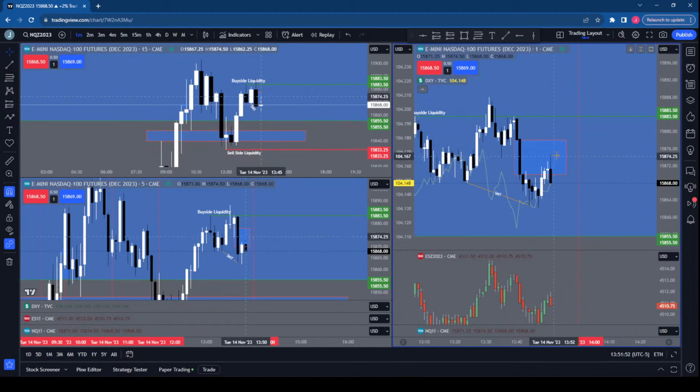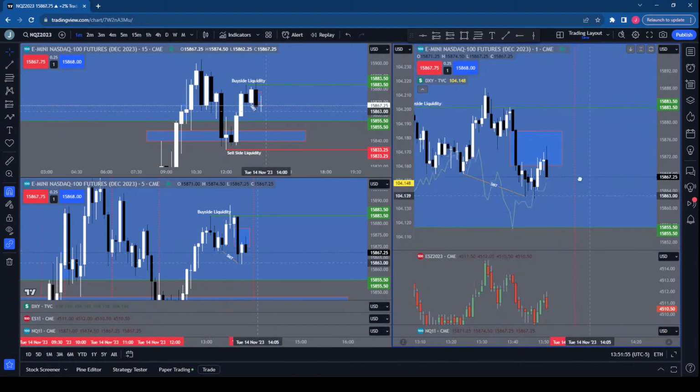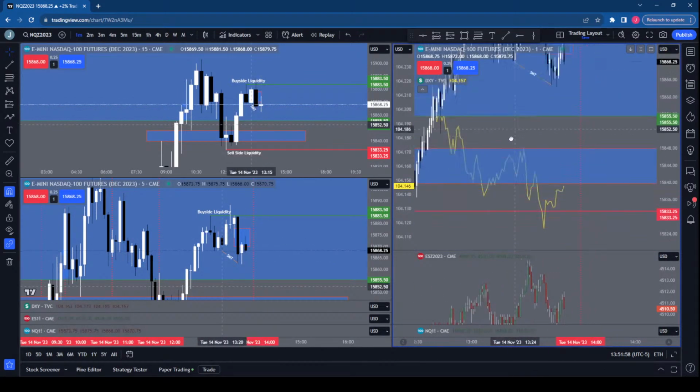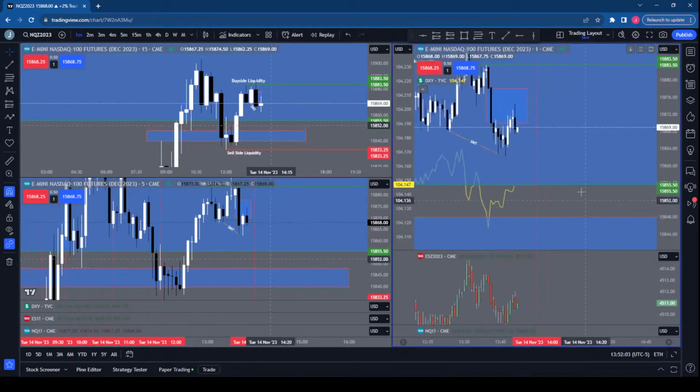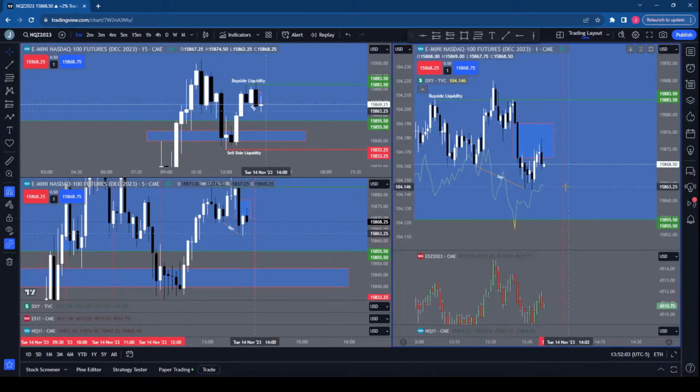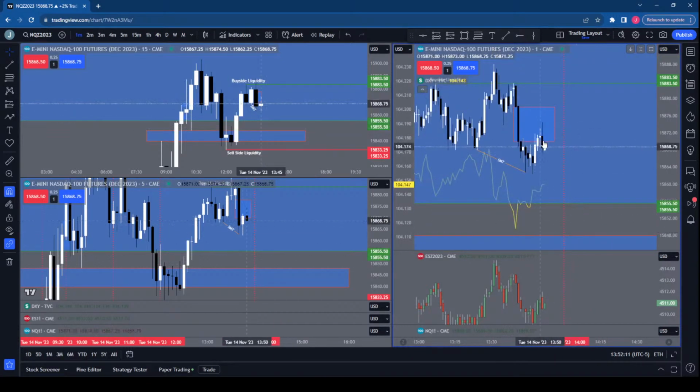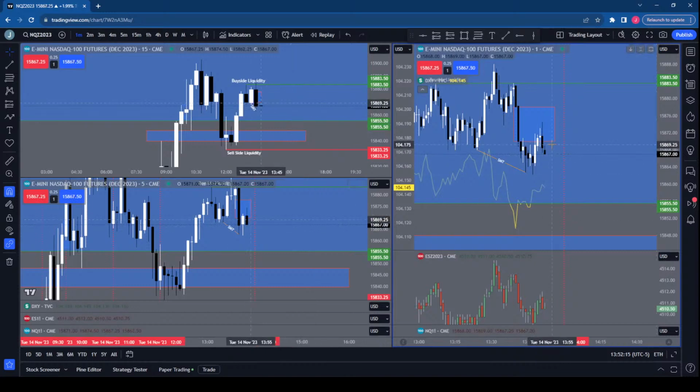And then if we do respect this to the downside, we've got some room before we reach the lunch sell side. So I think by the time 2 o'clock hits, we will know the draw, and we can hopefully find a fair value gap to enter on at that point.